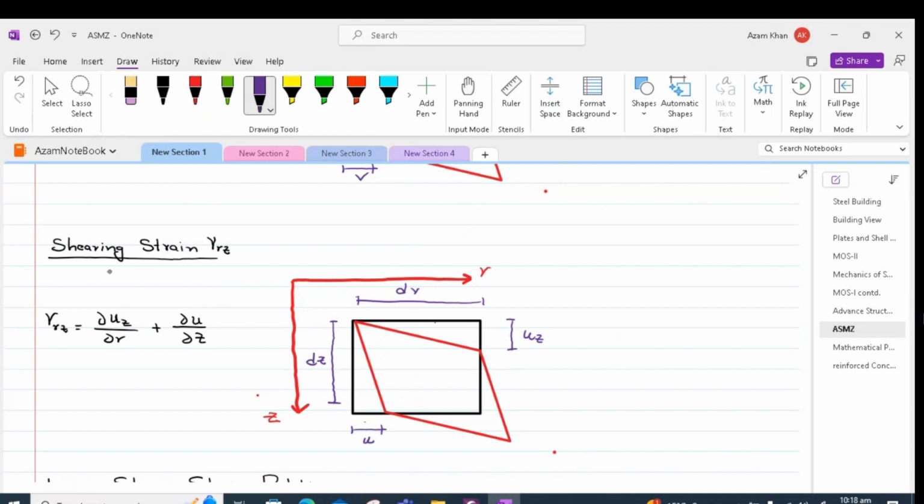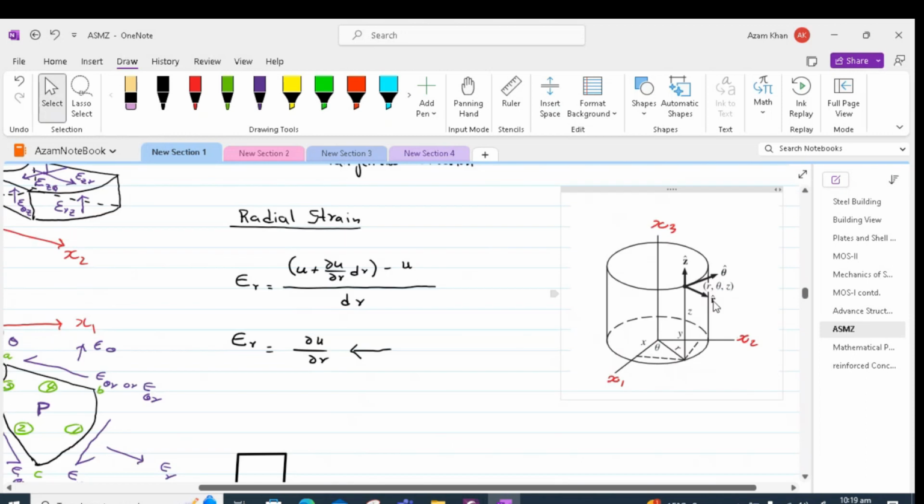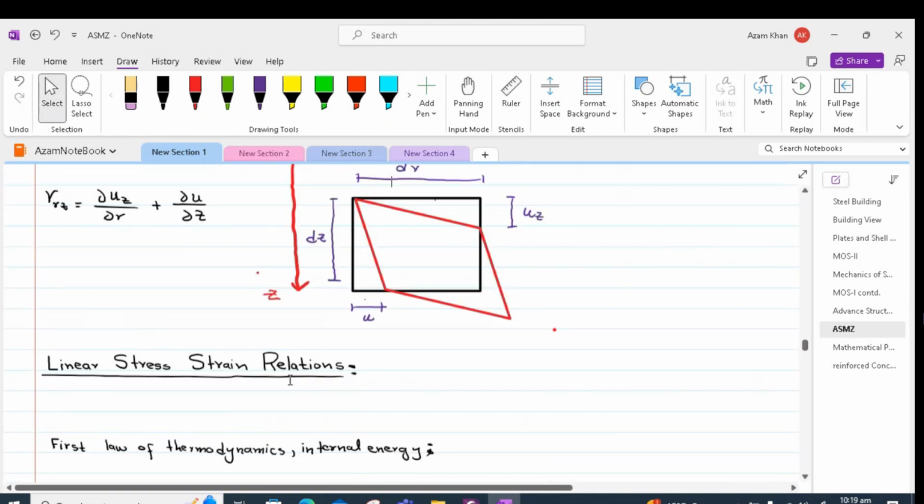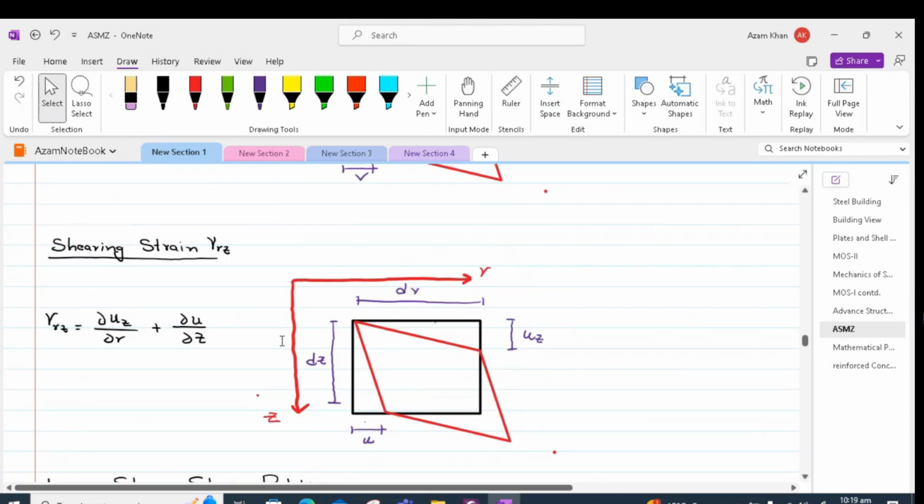Similarly, in order to find out the shear strain gamma rz, we will consider our element in the rz plane. So imagine we have this rz plane and we consider an element which is dr along the r-axis and dz along the z-axis. Again, after deformation, we would have this element converting into a parallelogram.